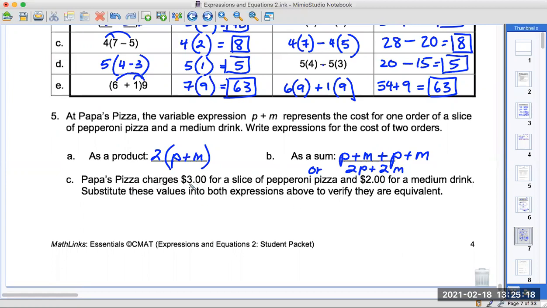Papa's Pizza charges $3 for a slice of pepperoni pizza and $2 for a medium drink. Substitute these values into both expressions above to verify they're the same. So I'm taking that expression that I came up with, and P is 3, right? And M is 2.